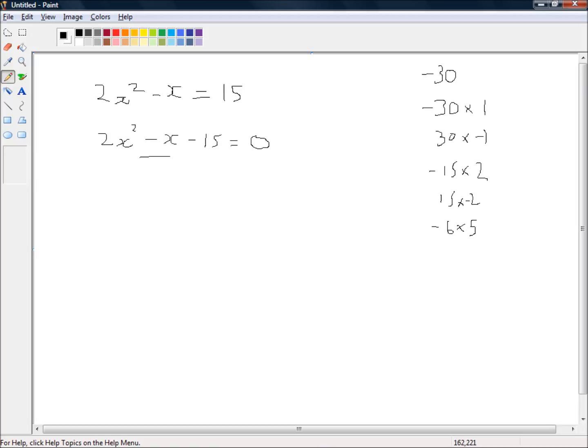So we can decompose this into 2x squared minus 6x plus 5x minus 15 is equal to 0. Now we can take the first two terms and we can pull 2x out.